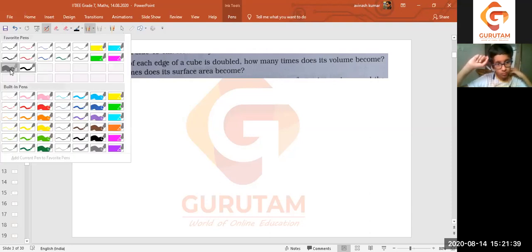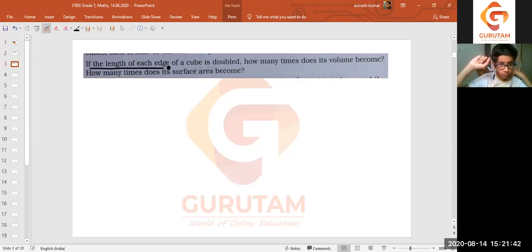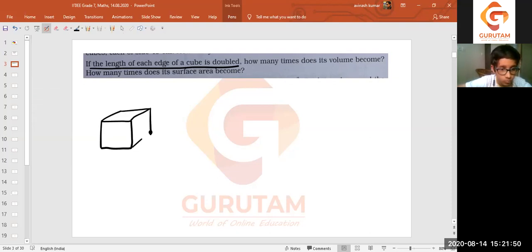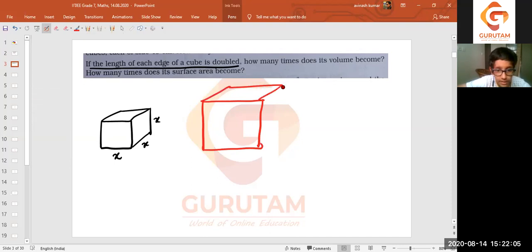Suppose initially I have a cube whose side was x. Now the size will increase, so my new cube's side will be doubled.